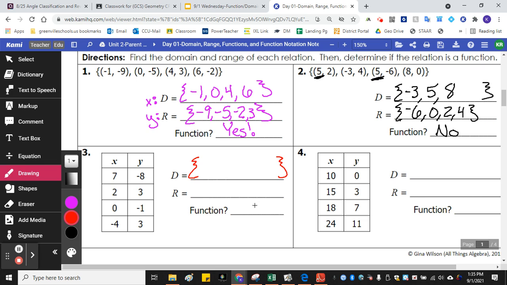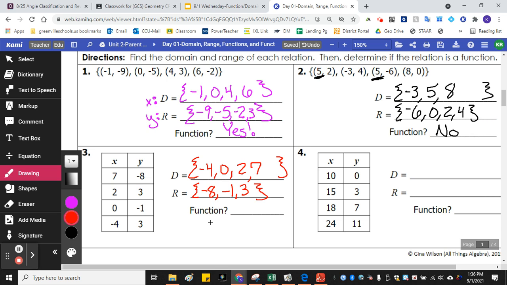What's going on with you? Slow me down. You're confused about what? There's 2 y's.